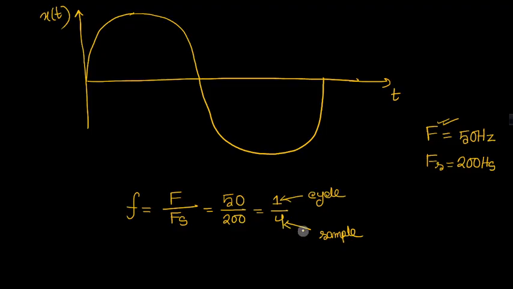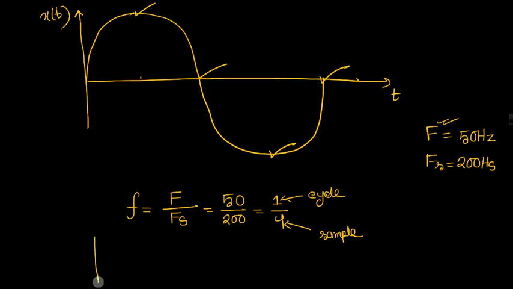That means we will have 4 samples in one cycle, right? That means this is the cycle, and in this cycle we take 1, 2, 3, 4 points.